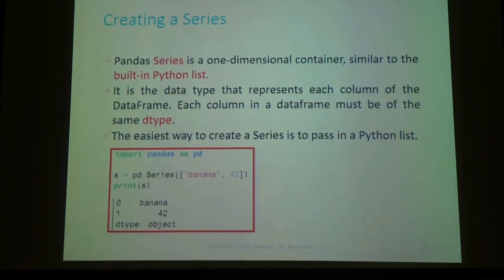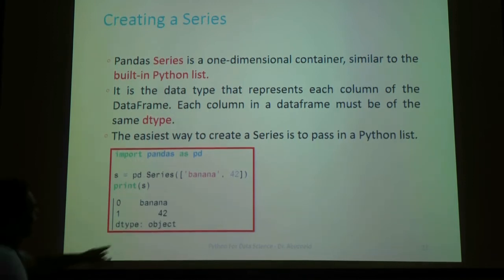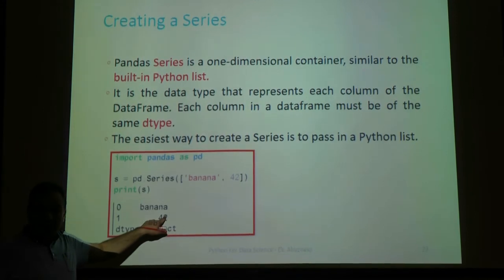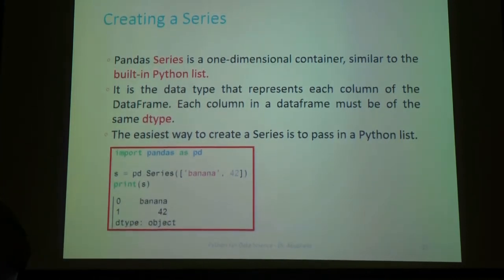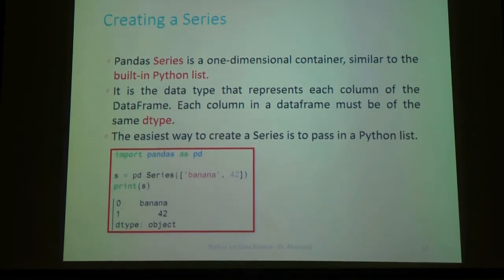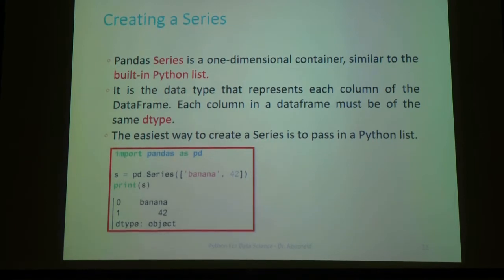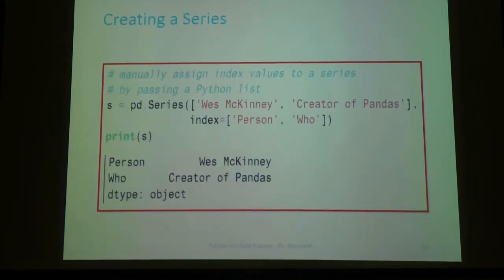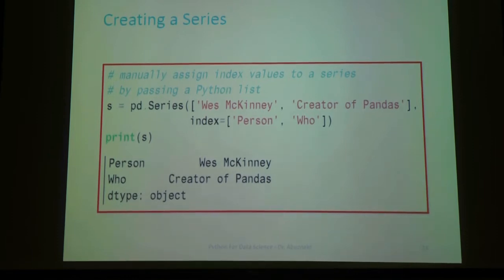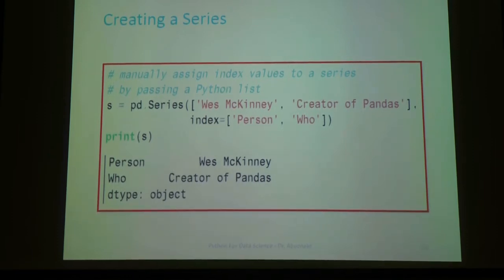Is 42 there a string or a number? By default, I think we'll take it as a string. Remember, a string in Pandas we don't call a string anymore, we call it an object. Then why do we need the same data type when we can enter anything?